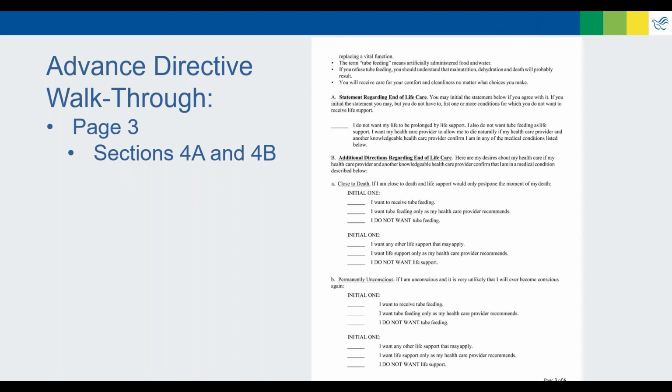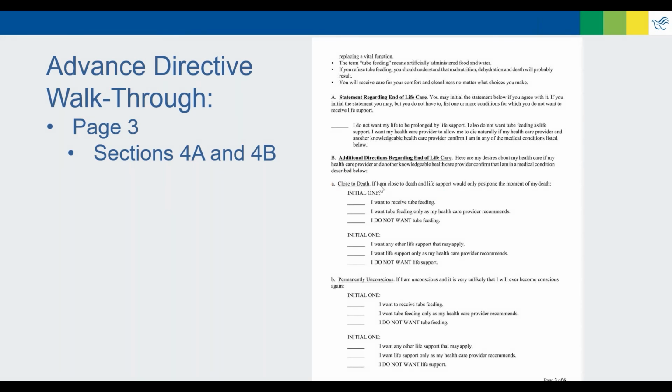So we're moving on now to 4B, additional instructions regarding end-of-life care. And I'm going to back up a little bit and point out these 4 circumstances.